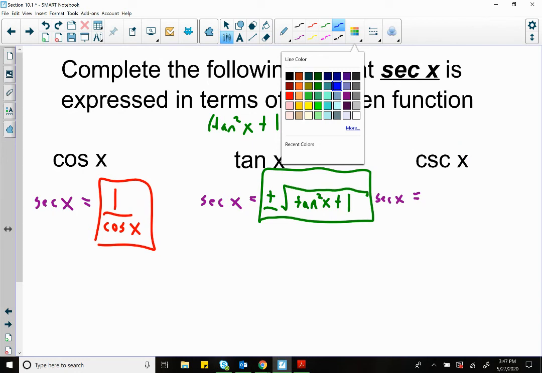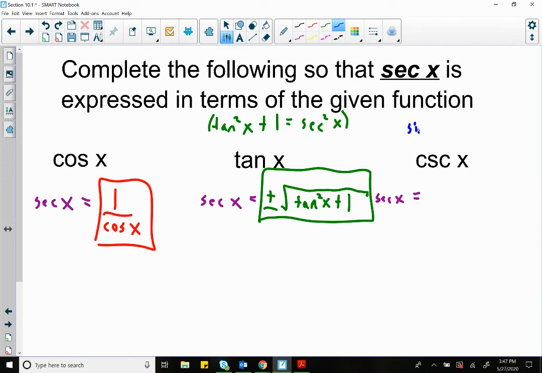Then you try using the fact that we know that 1 plus cotangent squared equals cosecant squared, and try to get that in terms of sines and cosines. And it doesn't work. Okay, so I'm going to cut to the chase and tell you exactly the one that you need to use. In order to get secant in terms of cosecant, you need to use sine squared x plus cosine squared x equal to 1.